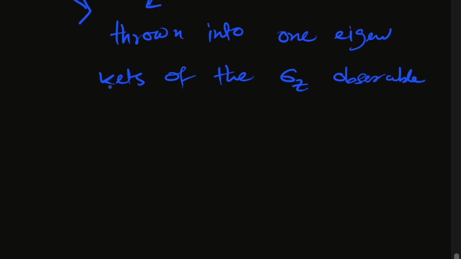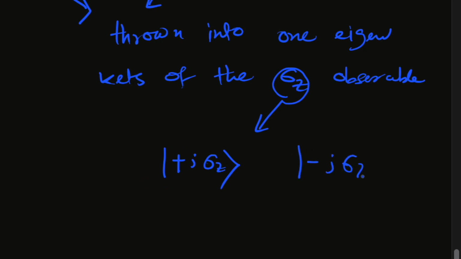We know from the Stern-Gerlach experiment that sigma Z has only two eigenstates. One is plus, which is in the direction of the magnetic field, and the other is minus, which is in the opposite direction of the magnetic field.